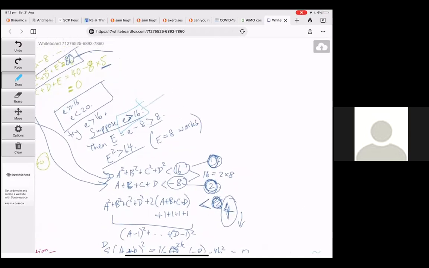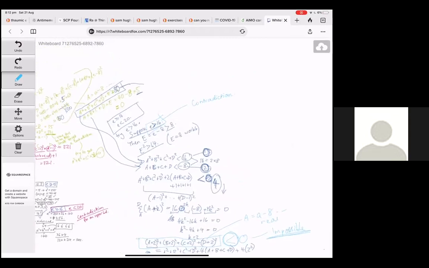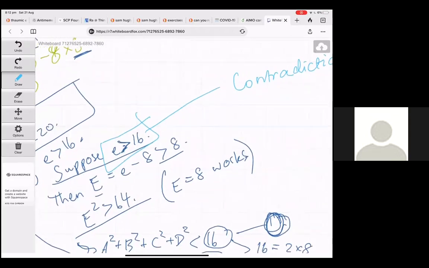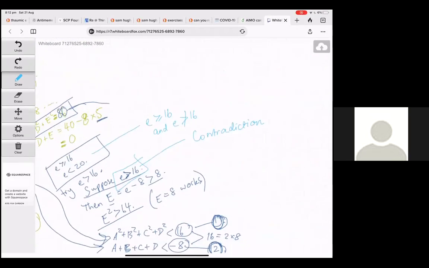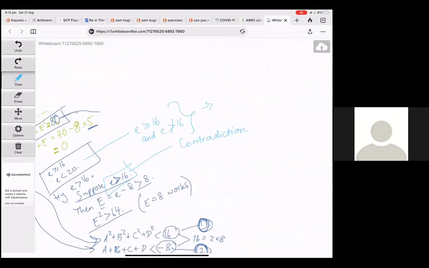So that means we've derived a contradiction. So altogether, we've got e is bigger than or equal to 16, and e cannot be greater than 16. And together we get that e is equal to 16 is the maximum value of e.